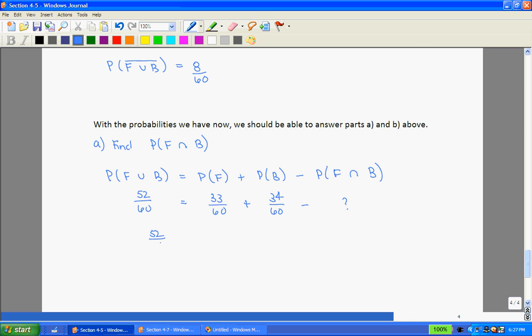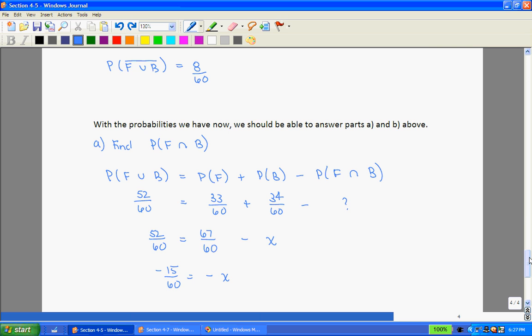Well, we can do a little bit of algebra and figure it all out. So 52 over 60 equals, if I combine these two, 67 over 60, minus the part I don't know, which I'm going to call X. So if I subtract from both sides, I end up with negative 15 over 60 equal to negative X because of this negative sign right there.